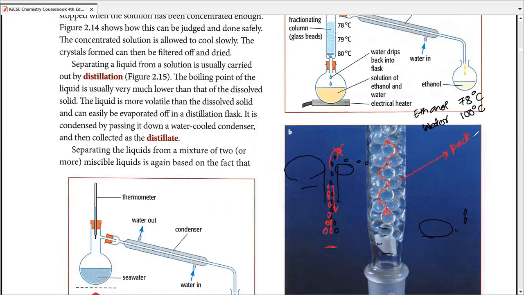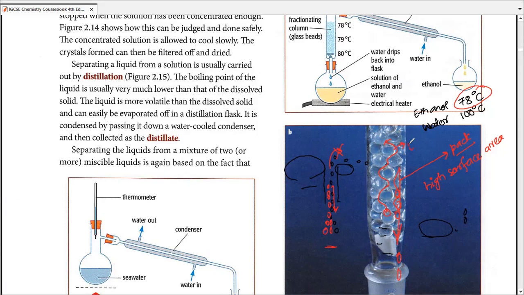When we pack it with these kinds of glass beads, it gets a high surface area. A high surface area actually allows the hot vapors at their boiling point, ethanol, to pass through. But for water, what happens is that if it tries to pass, it is actually condensed right over here and drips back into the same flask.